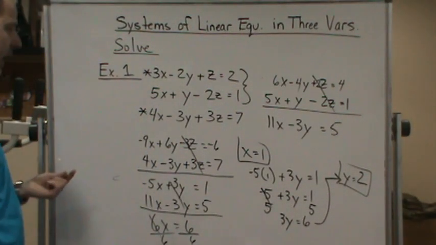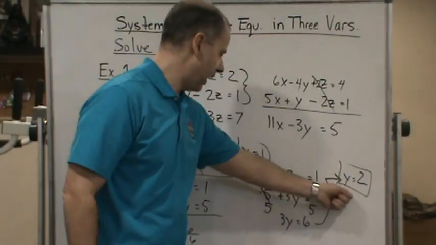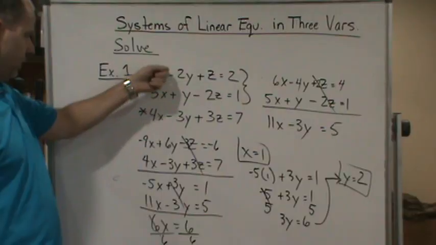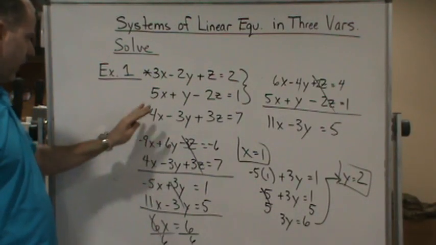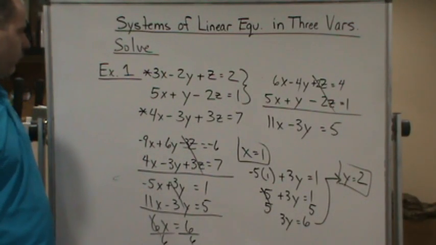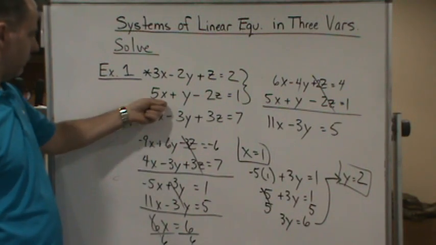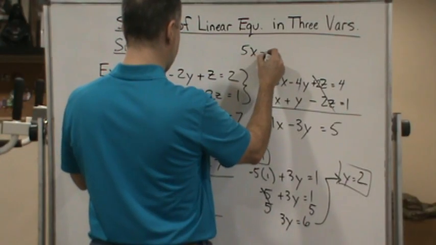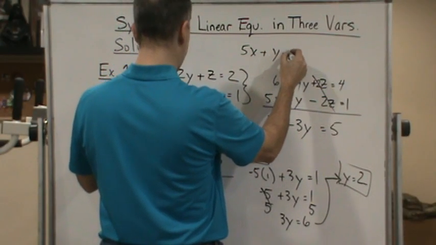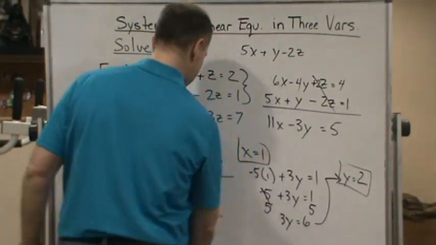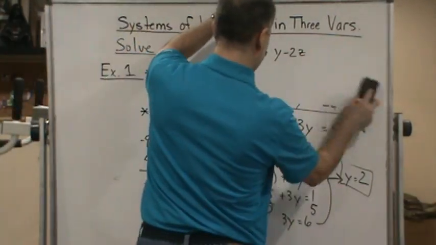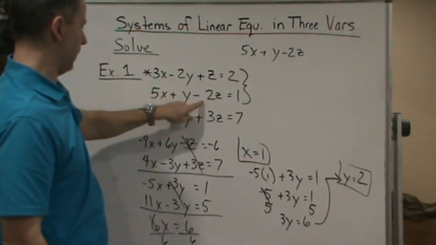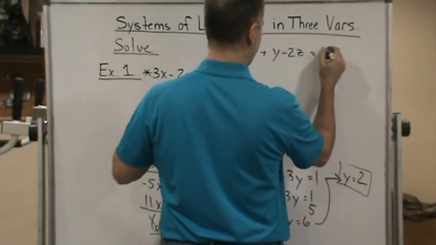So now I found my x and my y, and now I just have to do the fifth step. Right now I'm at step 5. Now I'm going to take these values and plug them into one of the 3 original equations. Doesn't matter which one, whichever one you want to do. So let's do 5x plus y minus 2z is equal to 1.